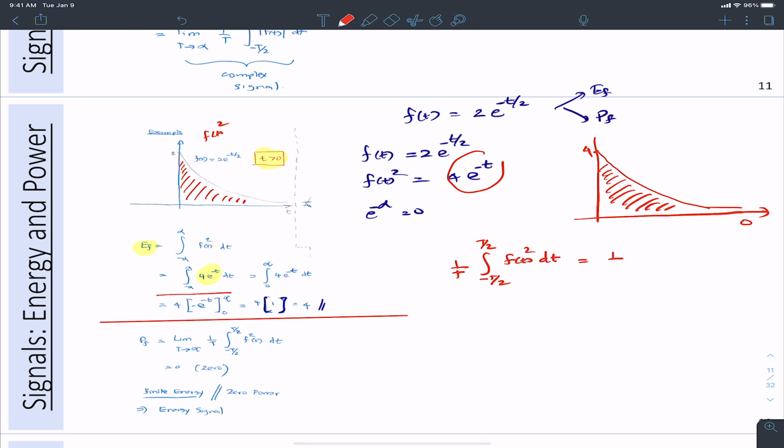I can write it as 1 over T, the integral from 0 to T/2 of f(t) squared dt, because t is greater than 0. So then I can write it as the integral from 0 to T/2 of 4e to the minus t dt. So that will be 4e to the minus t, from 0 to T/2.